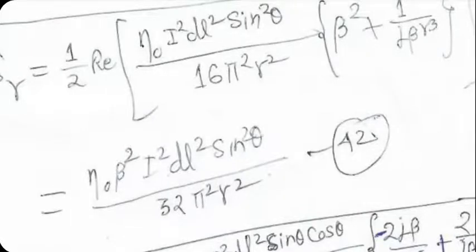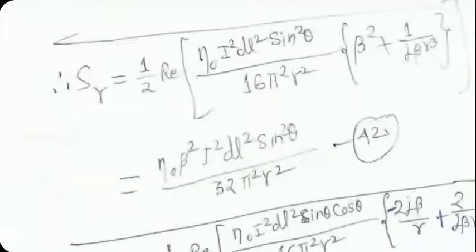Where the far field is considered, only the far field is considered. S_r is actually proportional to 1 upon r square in the far field. In the near field, it is a little more complicated. S theta and S phi are 0 anyway.